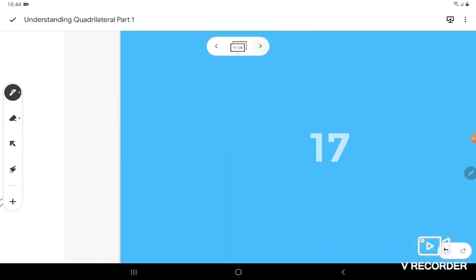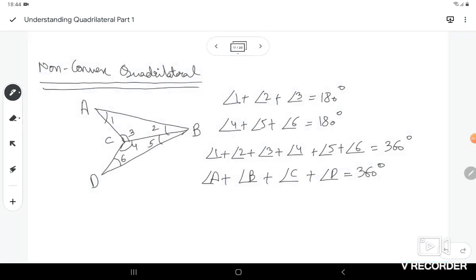We have to find the sum of the measures of angles of a convex quadrilateral, so it comes out to be 360 degree. Now let's take the case of a non-convex quadrilateral, that is a concave quadrilateral. You can see from the diagram that if we draw diagonal AD, it's a diagonal outside the shape, so it's a concave quadrilateral.